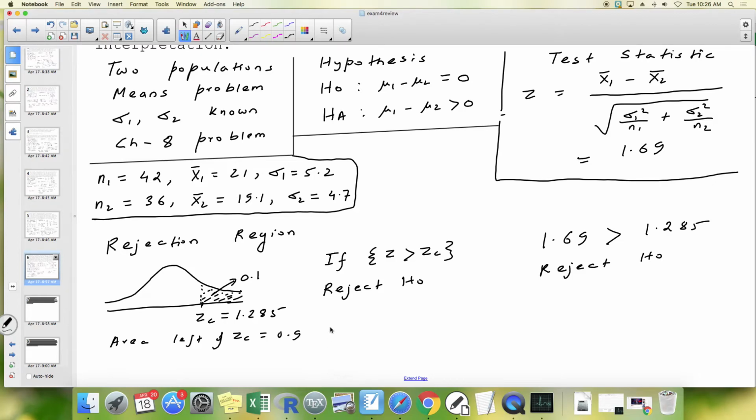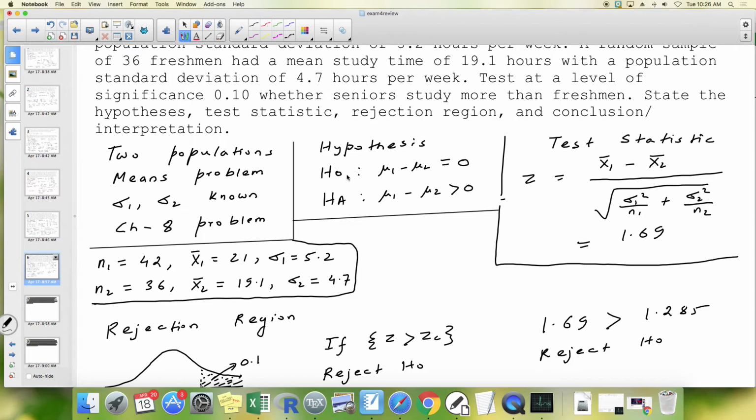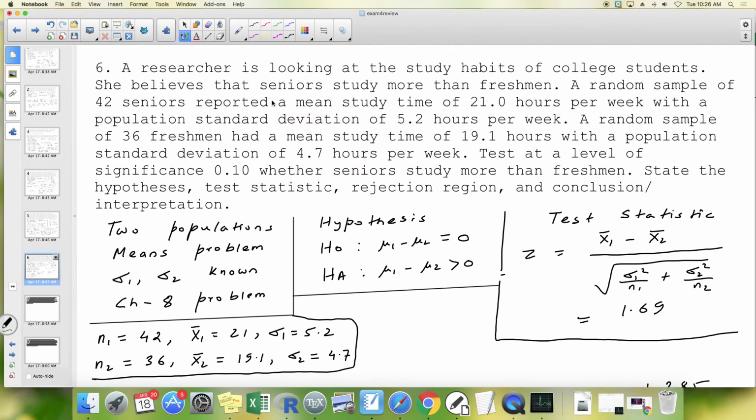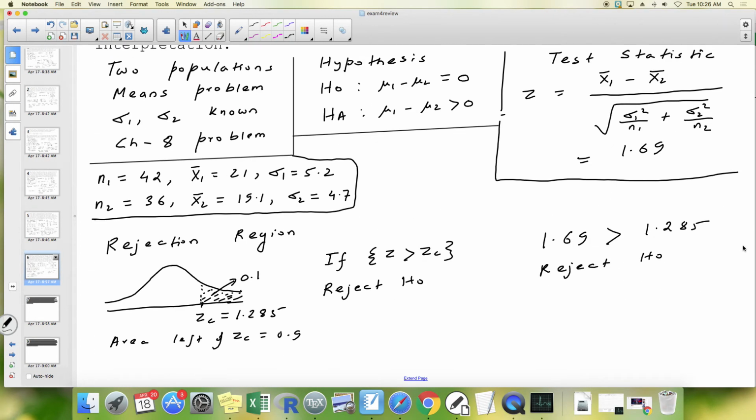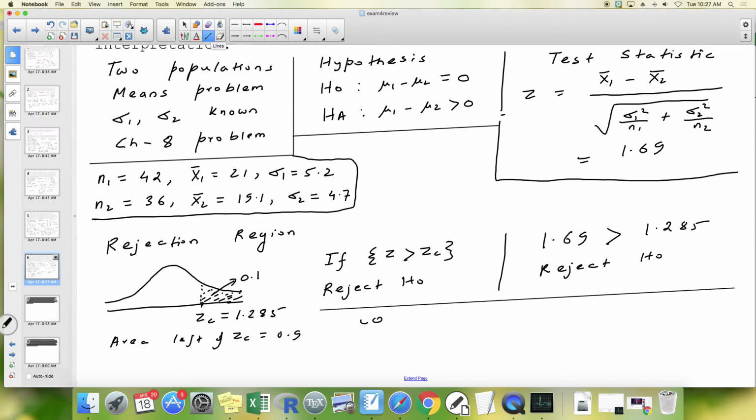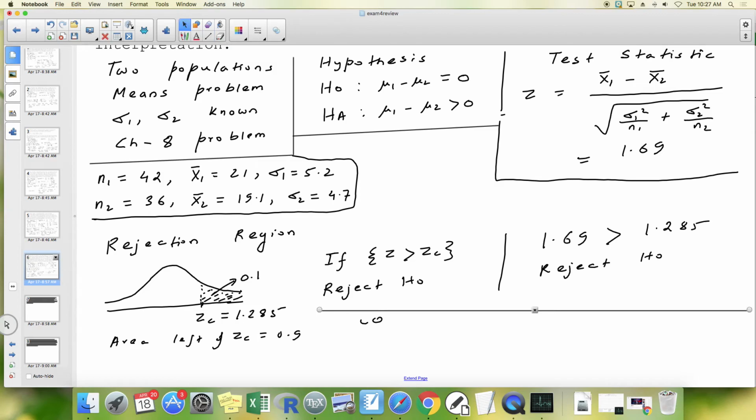What does H naught tell us? That both study the same, and we are rejecting it and accepting HA, which tells us seniors do study more than freshmen. So that's our conclusion.